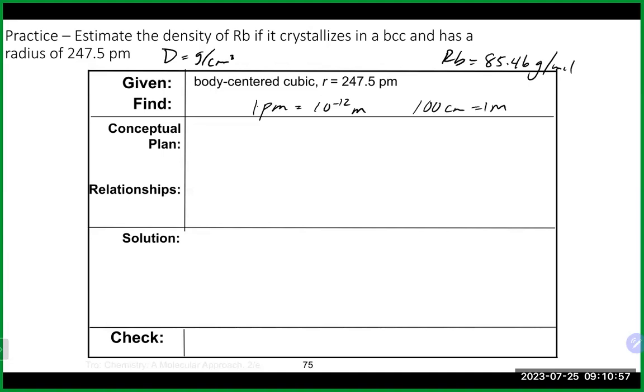Yeah, let's take a look. So same idea here. We're going to try to find the density in this particular problem.